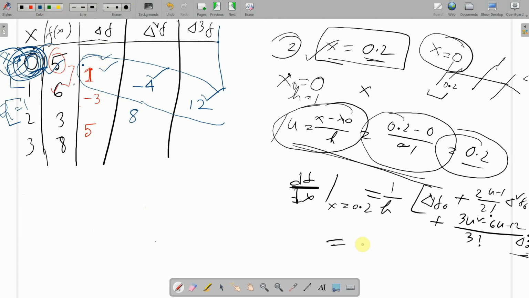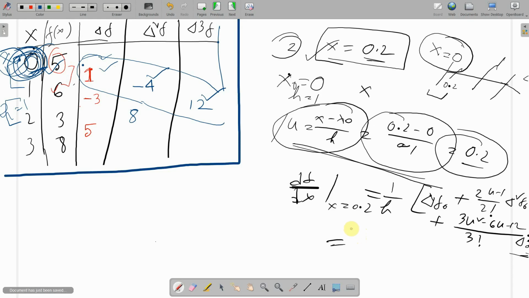What is the value you are getting here? How much is coming? 1036.